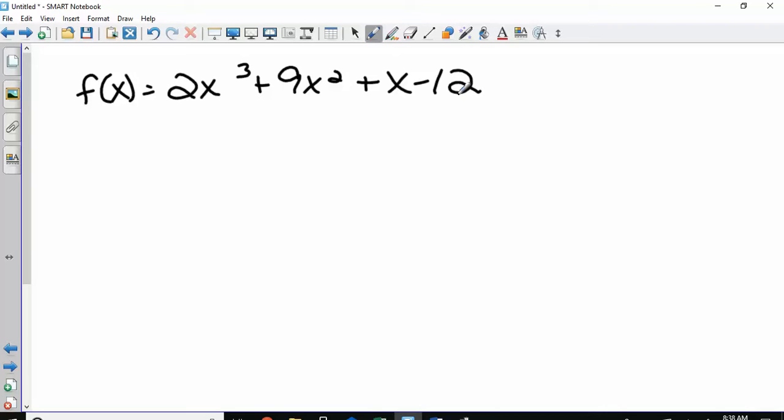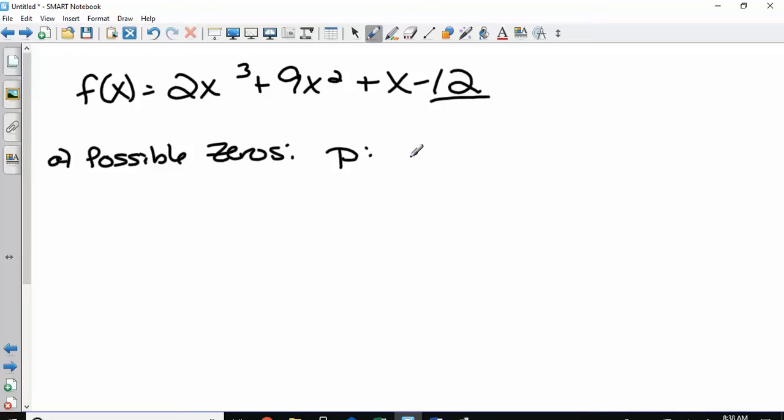So this is kind of like question 1. The first thing I'm going to ask you are the possible zeros. How do we find those? P's and Q's. Where did the P values come from? The constant.